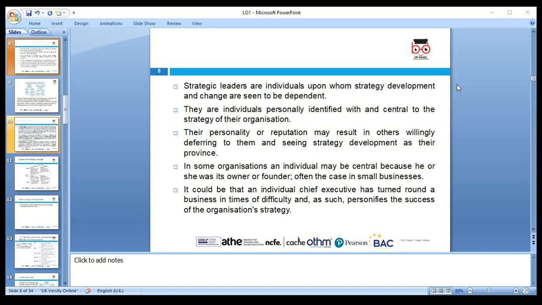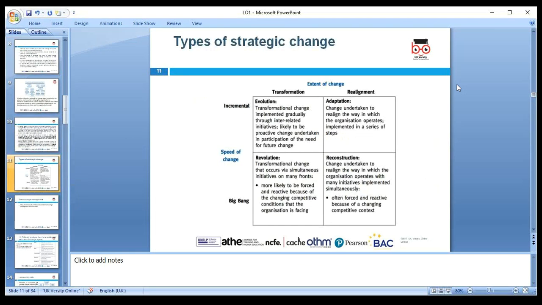So in some organizations, an individual may be central because he or she was the owner or the co-founder, which is often the case in small businesses. It could also be that the chief executive turned around the business in a time of difficulty, and has such a personality. That's what we need to look at.